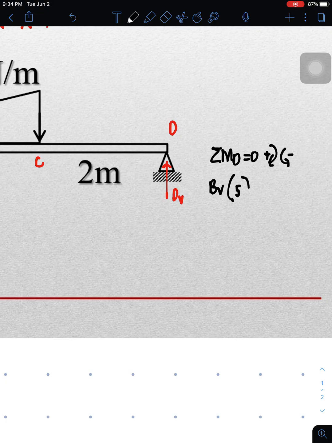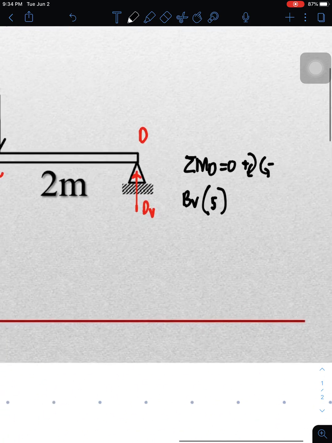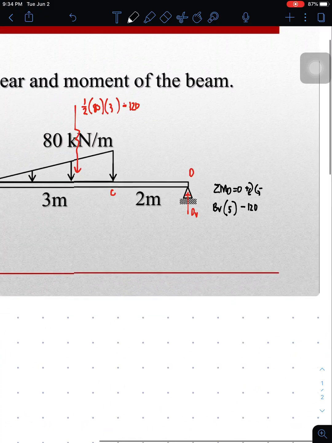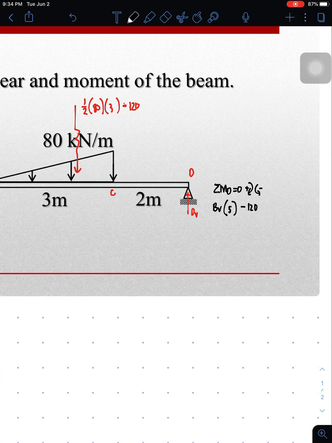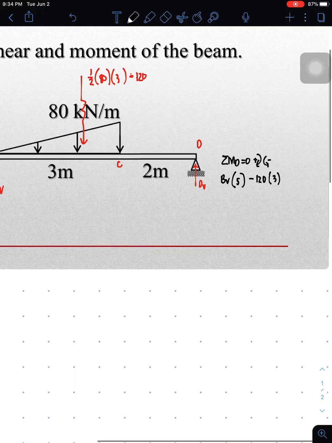So times 5. Then let's consider this 120. And it will rotate counterclockwise at point D. So negative 120. Then the moment arm is 1/3 of 3 is 1. Then plus 2, that's 3 meters.